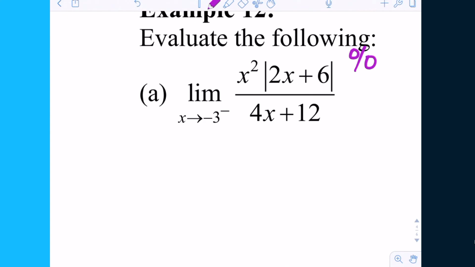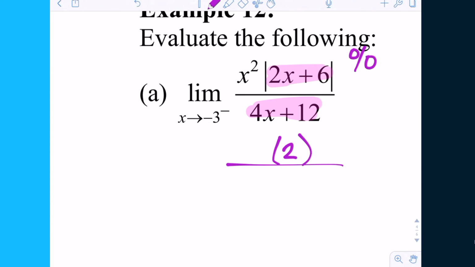Plug in a number less than -3, so to the left, like -4. All right, so if I plug a -4 in right here, let's see what we get. -4 times 2 is -8 plus 6 is -2. The absolute value is 2.